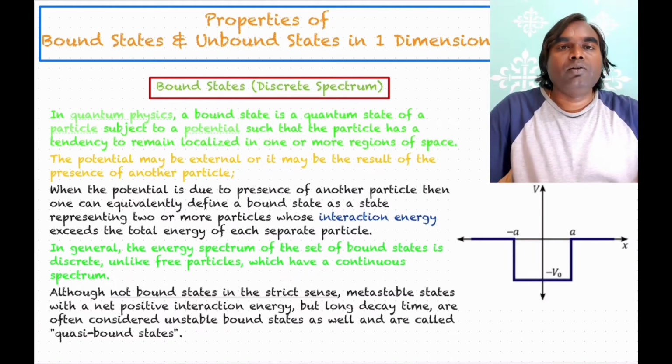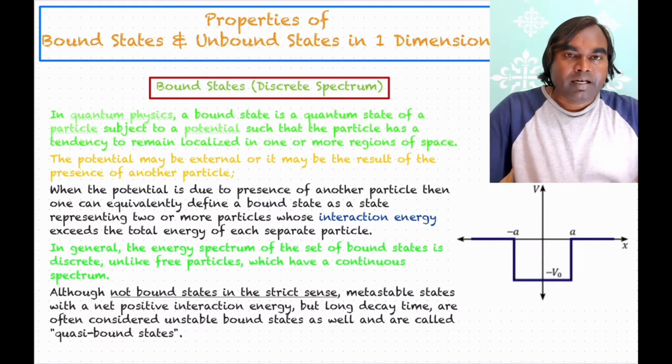What is a bound state? In quantum mechanics, a bound state is a quantum state of a particle subject to a potential such that the particle has a tendency to remain enclosed, confined in one or more regions of space.